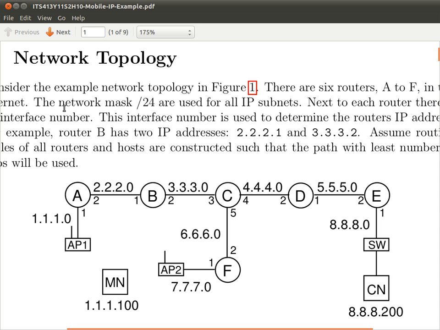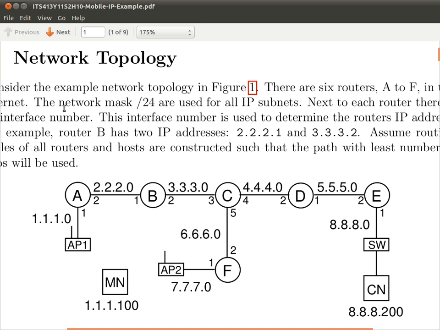How are we going to draw it? I'm going to remove these packets. Here's our foreign agent, which is router F. And let's also draw our home agent, which is router A in this case.